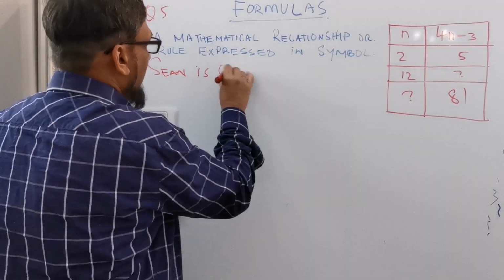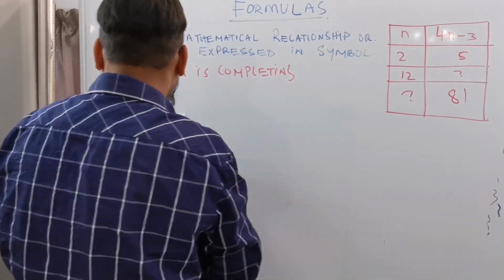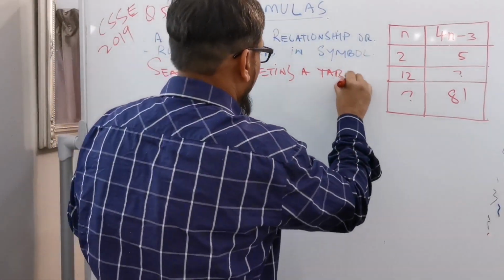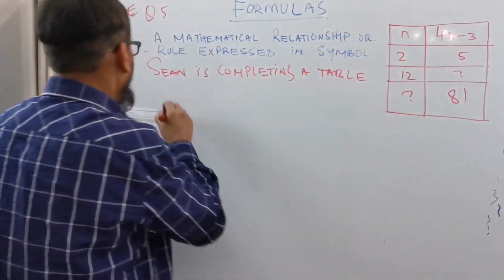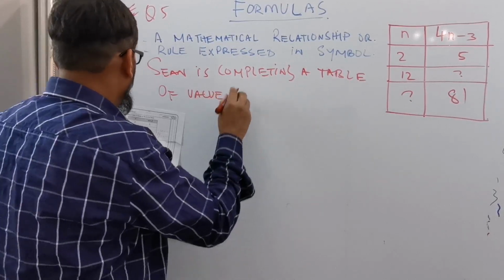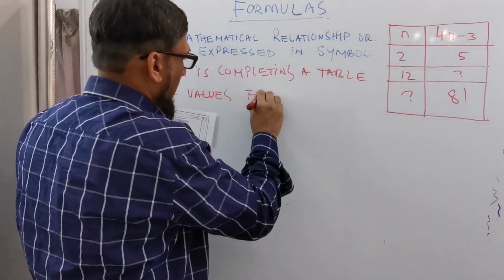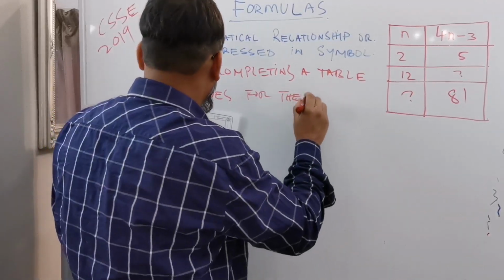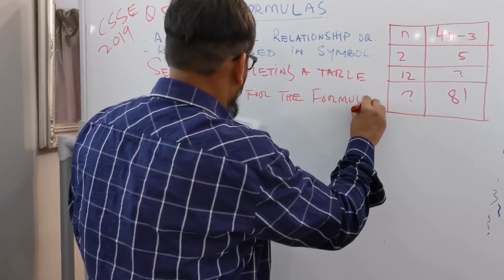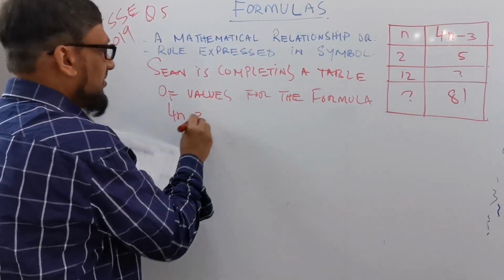So Sean is completing a table of values for the formula which is 4n minus 3.